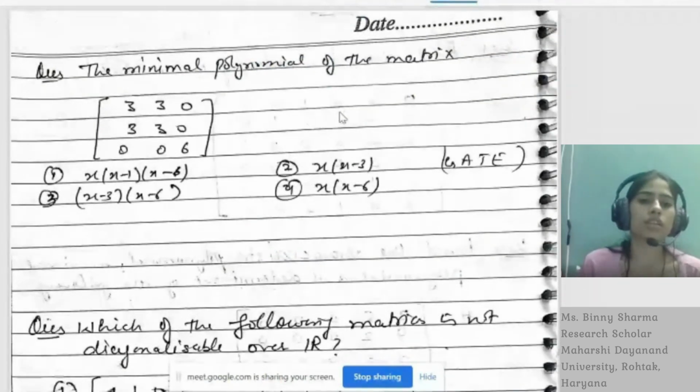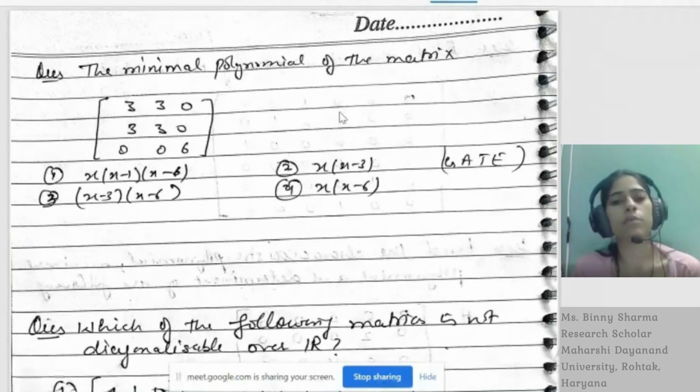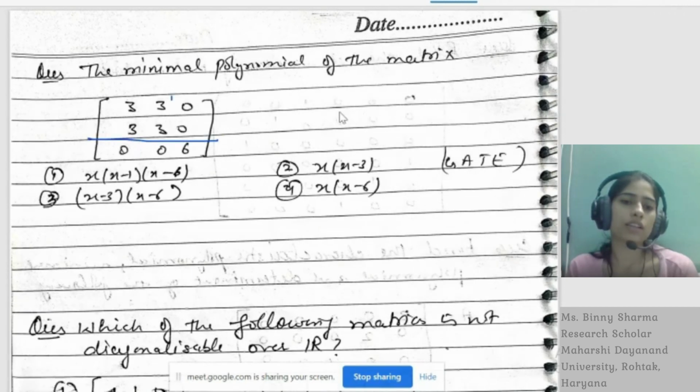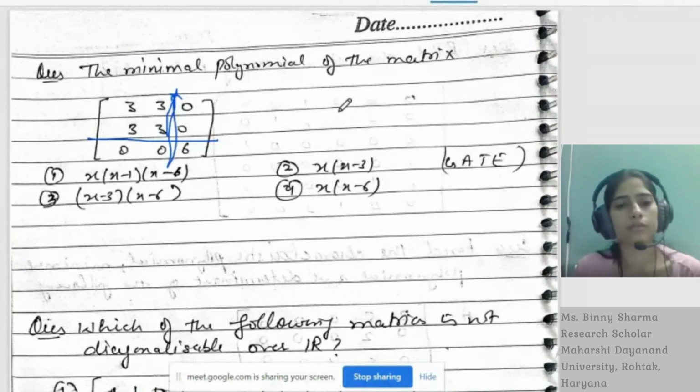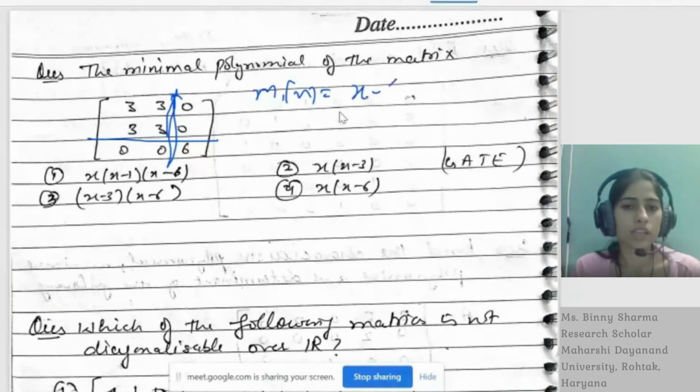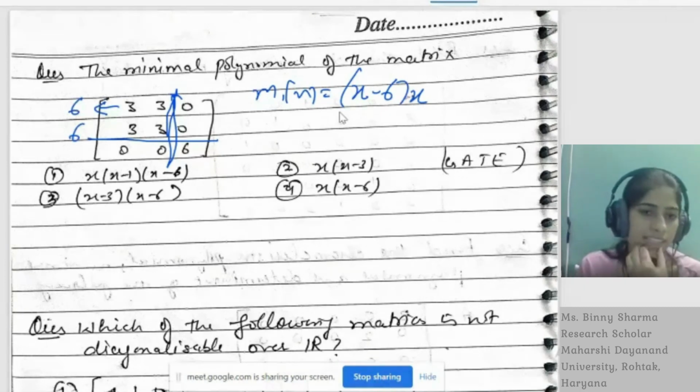The question is the minimal polynomial of the matrix. We have this matrix. You can make this matrix into a block diagonal matrix. See, the sum of each row is 6 and rank is 1.